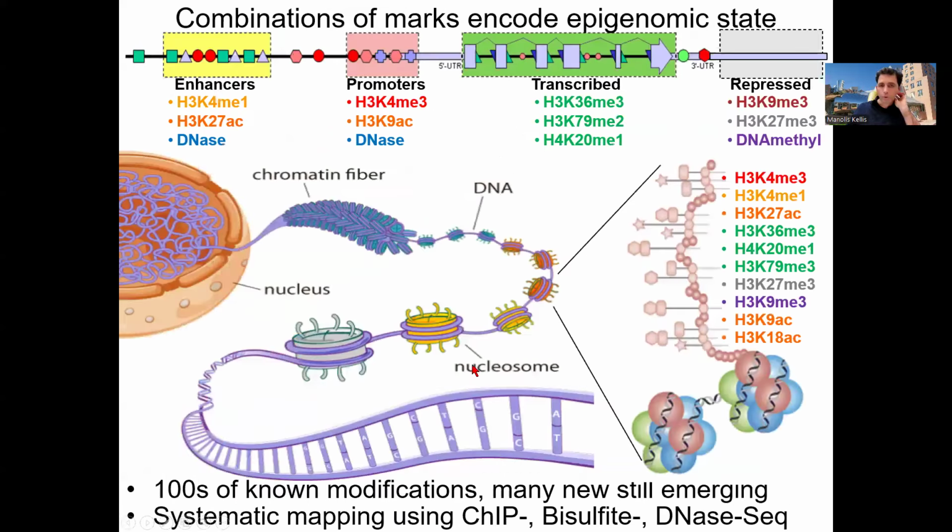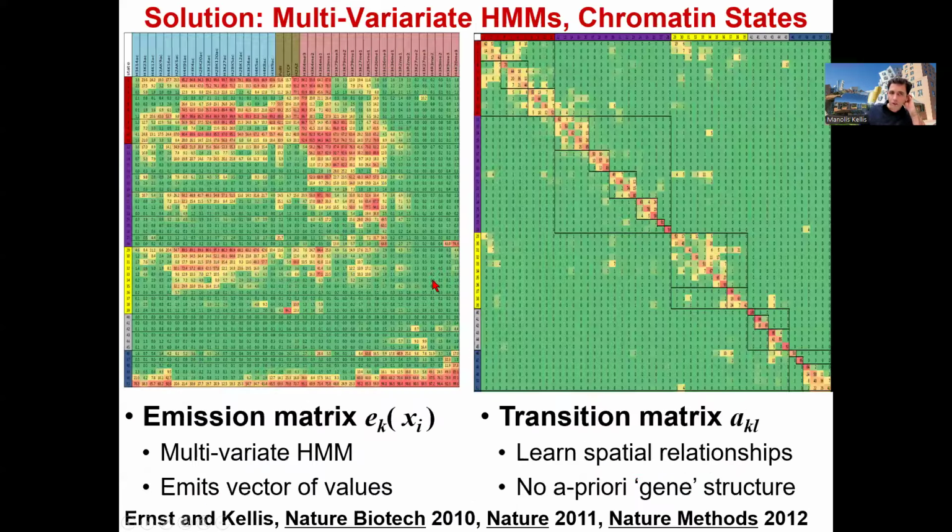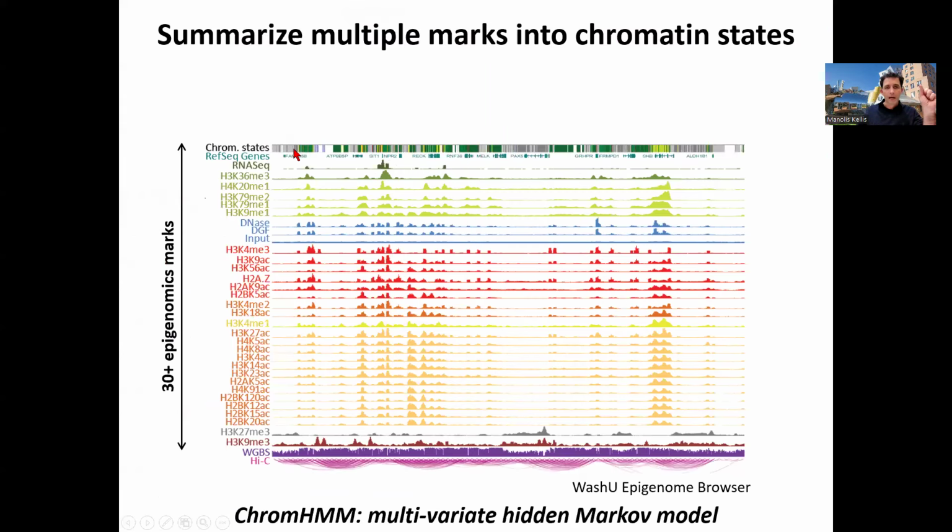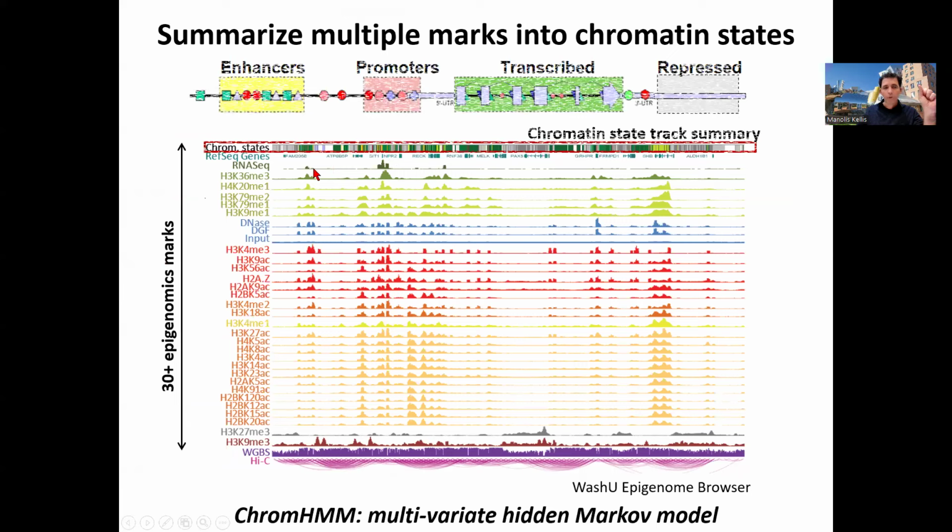So what we're going to do is basically try to define this based on the fact that serially, as I walk through my genome, I will go through different combinations, and I want to infer the hidden chromatin state.